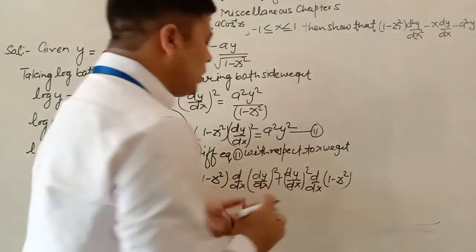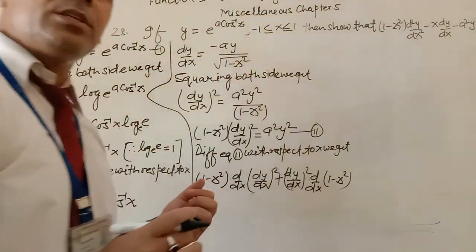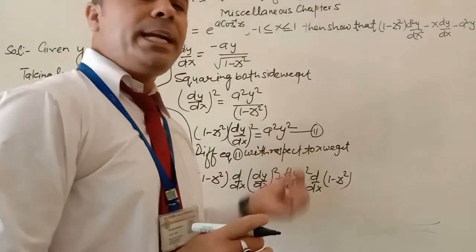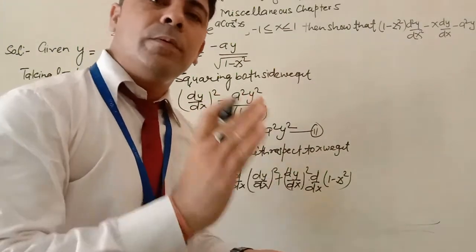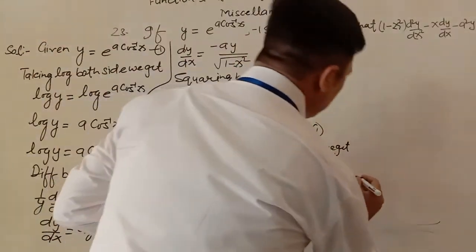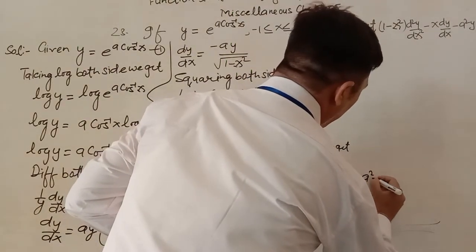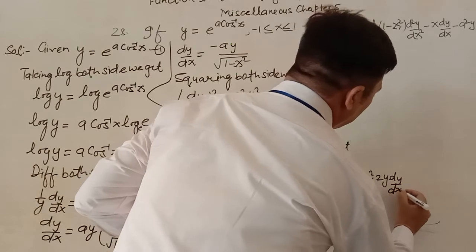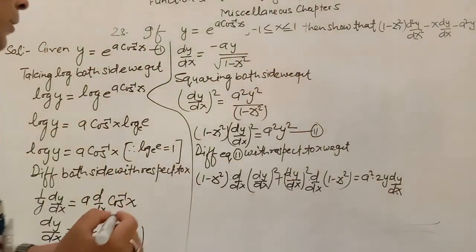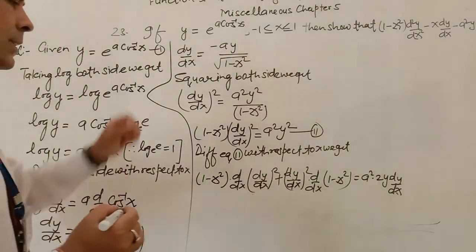Here a square is the constant term. Taking out d by dx of y square, it gives you 2y dy upon dx, means this is a square into 2y dy upon dx.